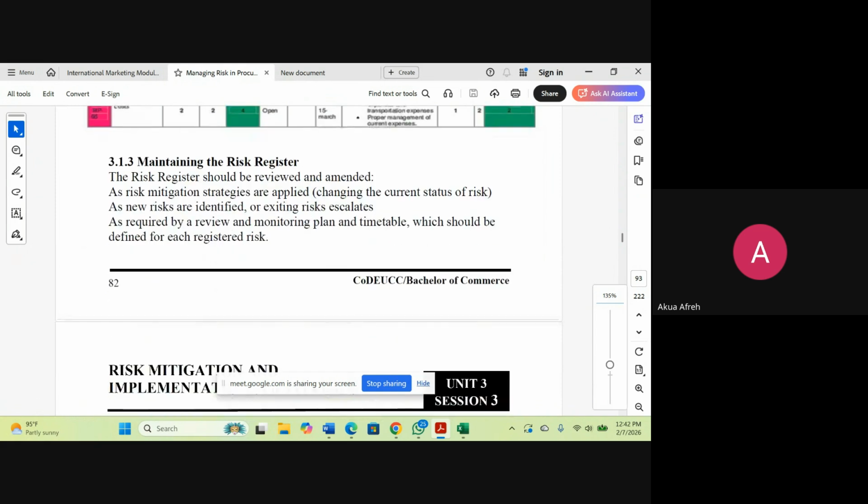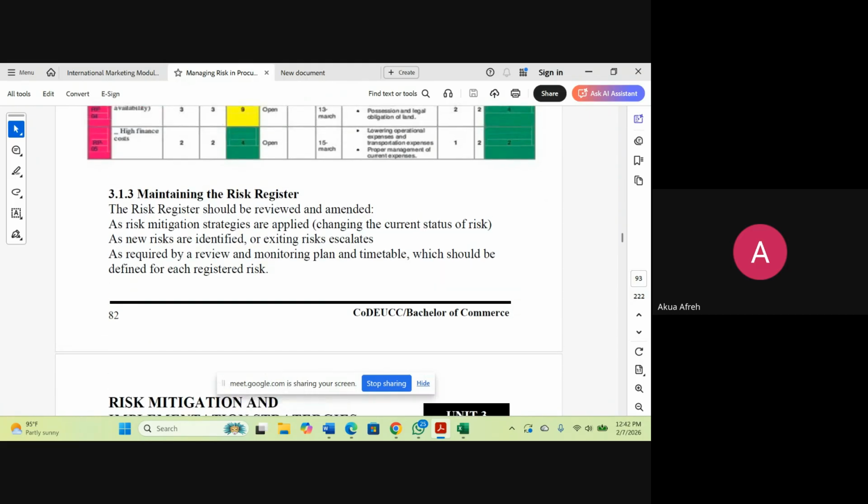Yeah, so we continue. How can we maintain the risk register? Maintenance of the risk register. So we are saying that it needs to be reviewed regularly, either monthly or quarterly.